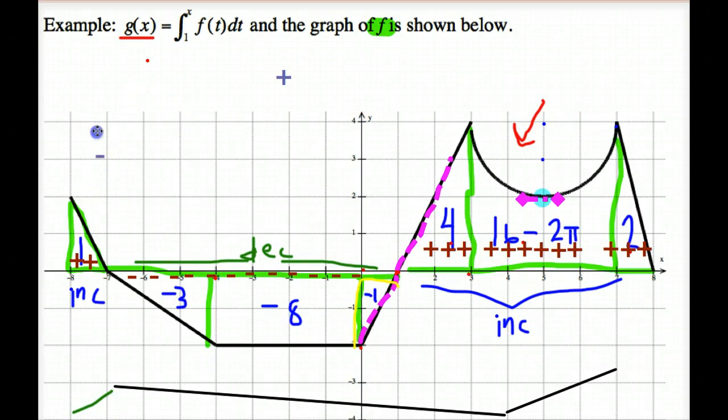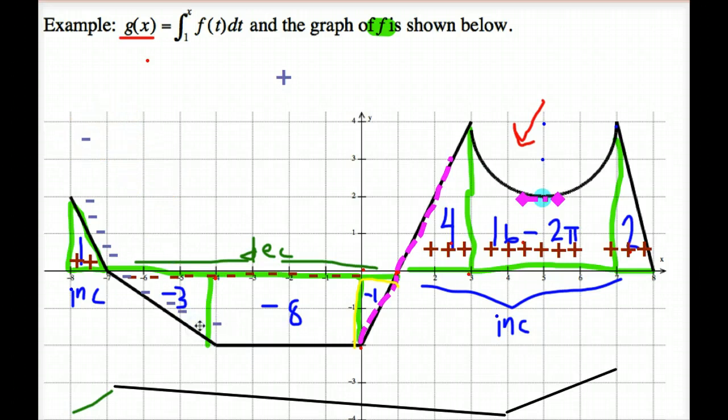So we notice right here, and just because it's easier, I clone this. Weren't all my negative slopes right here? Anything going downwards, tell me I'm concave up or concave down. So I'm going to continue drawing these. Negative, negative, negative. I'm going to spread these out all the way to here.